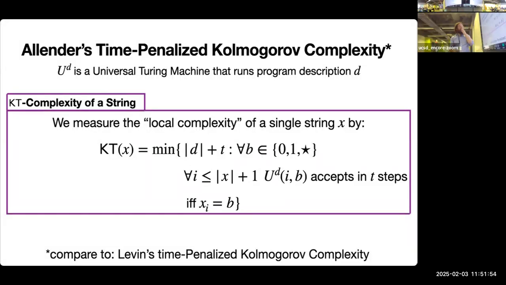Okay, so let's step through that formally. K^T of a string X, a bit string, is going to be the minimum over the length of a description D plus little t, ignore time for now, such that for every B in 0, 1, or star, where star is going to be an end marker, for every index I at most the length of X plus 1, the universal machine running the program D on input I and B accepts in t steps if and only if the ith bit of the string is actually B. So it's more like you have a bit in mind, you're like, oh, is bit J a 0?